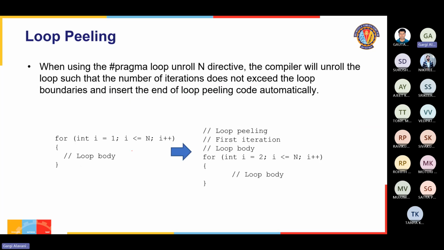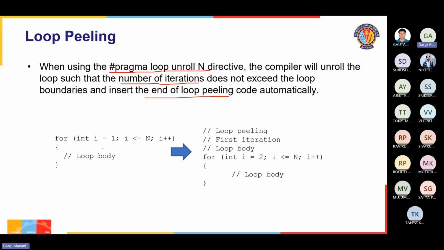So for example, here, the CUDA compiler, if you use the #pragma unroll n directive, will unroll the loop, and the extra iterations which cannot be part of the loop, it will put in the end automatically.